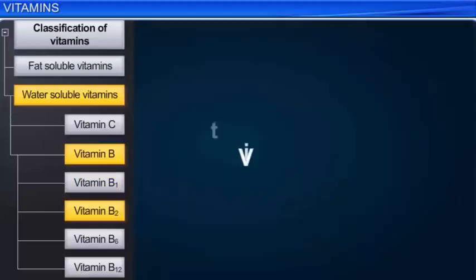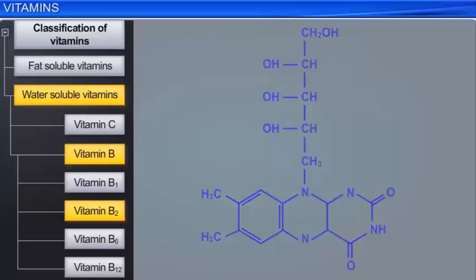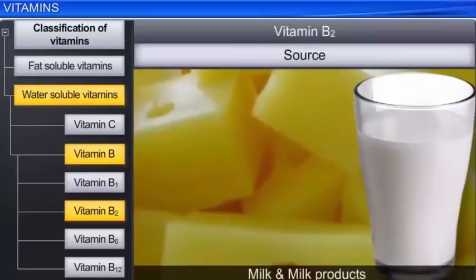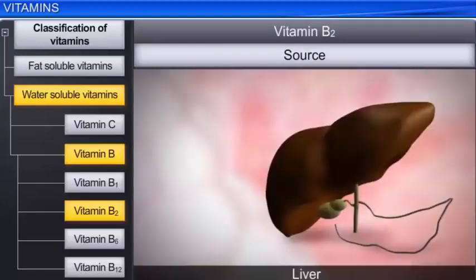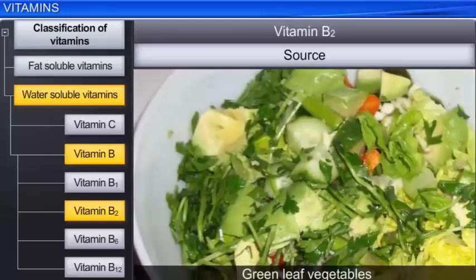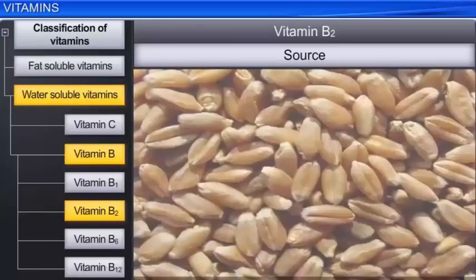Vitamin B2, or riboflavin, is mostly found in milk and milk products, eggs, liver, green leafy vegetables, pulses, wheat, and so on.